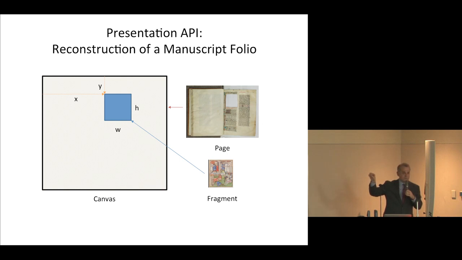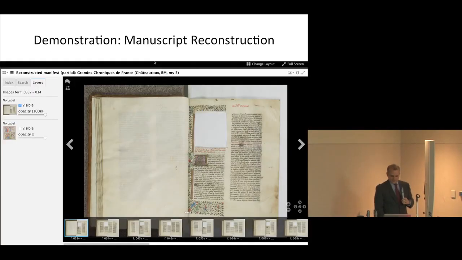And the height and the width are specified correctly so that that image is scaled to fit in the hole in the page. And the result is this demonstration that you've already seen twice, which is that the miniature can be turned on, and it will load separately into that space defined by those coordinates.